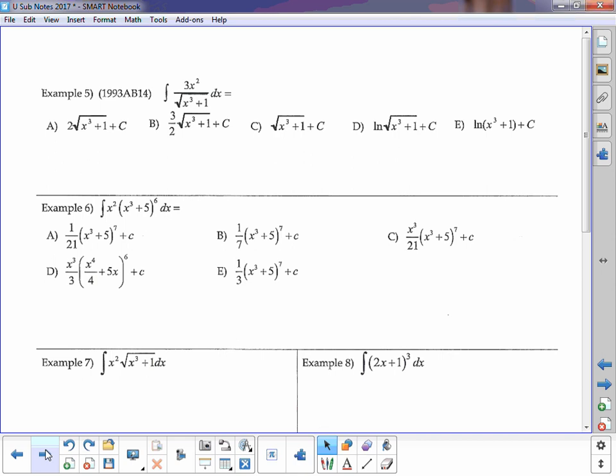So that would equal... are you getting du over u? You've got to use the negative. Normally, the reason I want to is because we brought in that negative two.